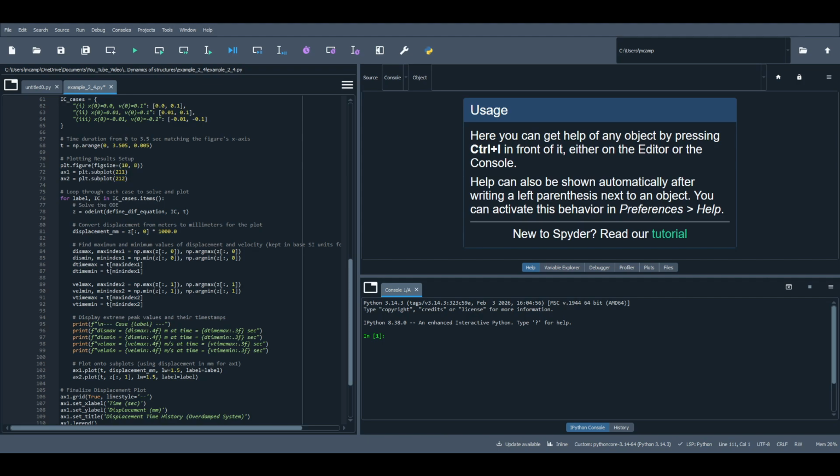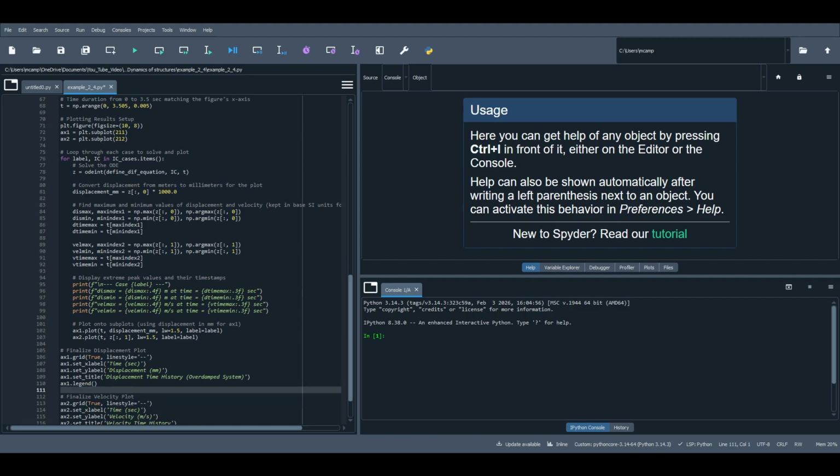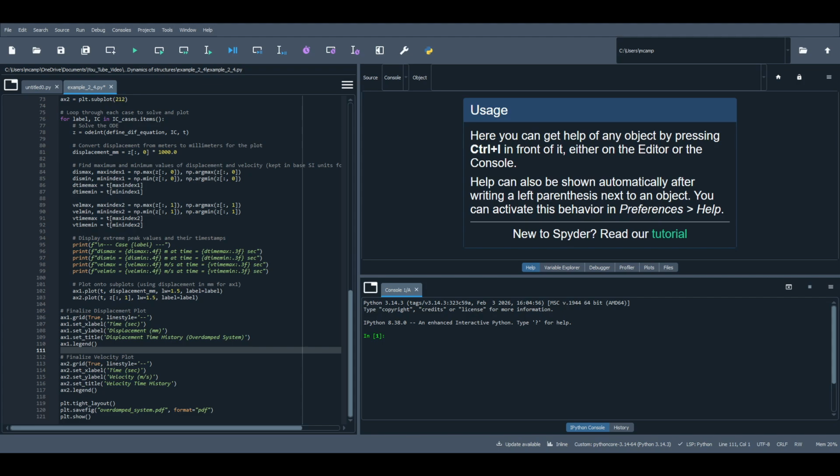So we calculate the minimum and maximum value of displacement and velocity and print them, and after we plot the graph of displacement and velocity, and save all these graphs in the file Overdamped System in PDF.